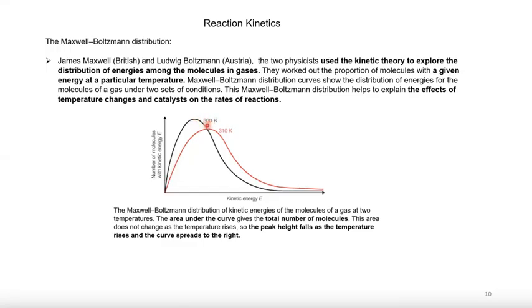Here it is 300 Kelvin, and that is 310 Kelvin. And we see the difference between the areas and the total number of molecules involved in the rate of reactions. That's what we can explain with the Maxwell-Boltzmann distribution curve.